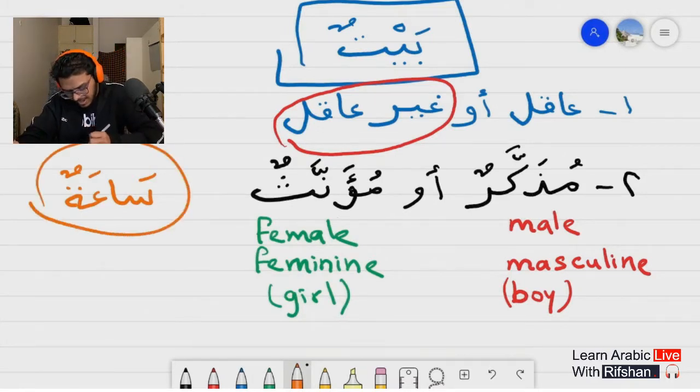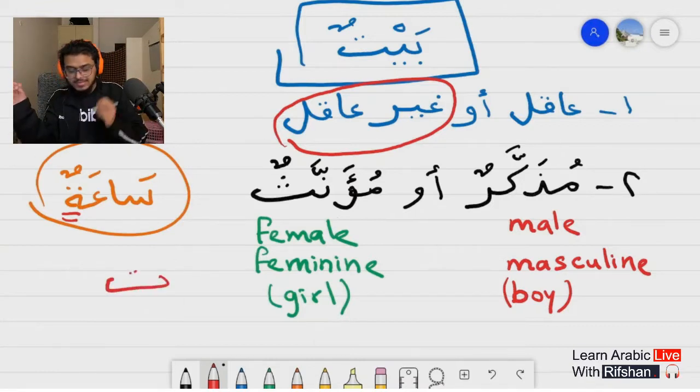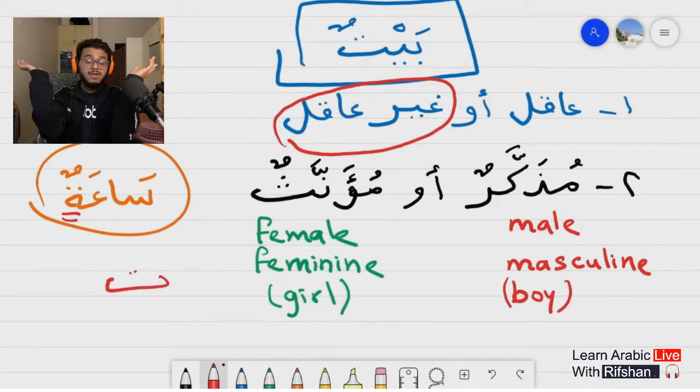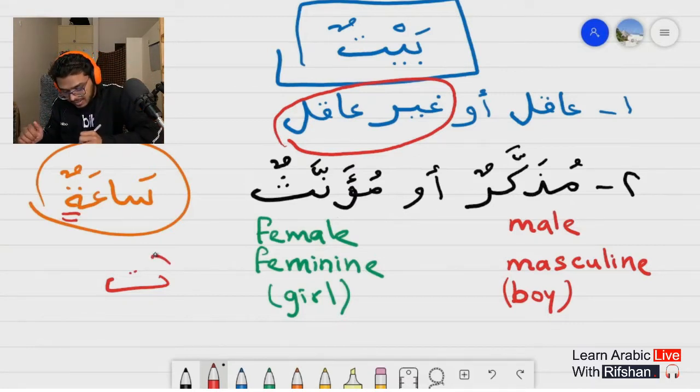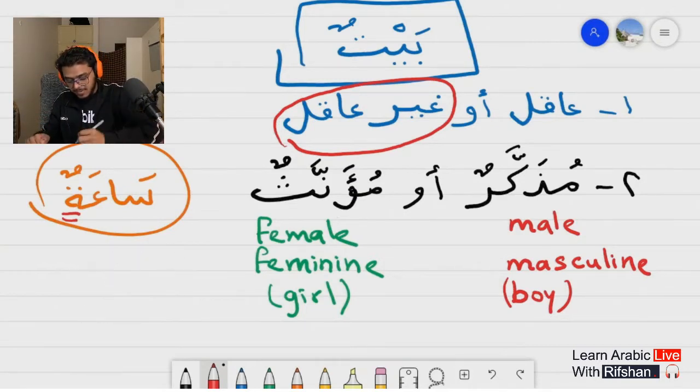Sa'atun has this ta marbuta. There is an open ta like this, a ta maftuha. Maftuha basically means open; it's an adjective. When we tie its two ends, we make it a ta marbuta, and the dots are moved up like this.